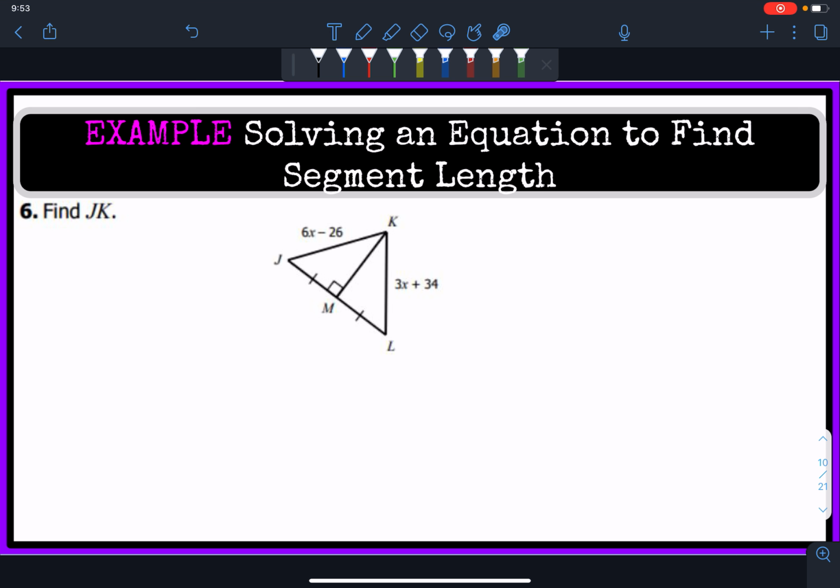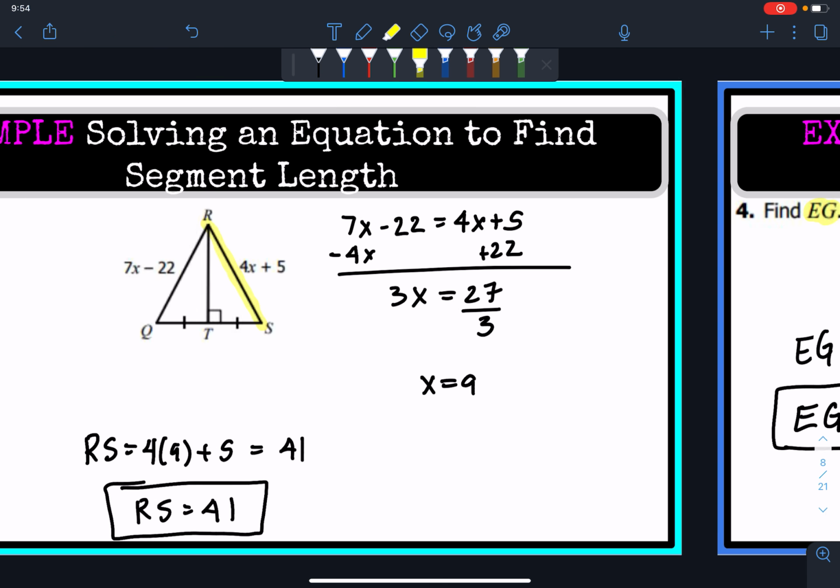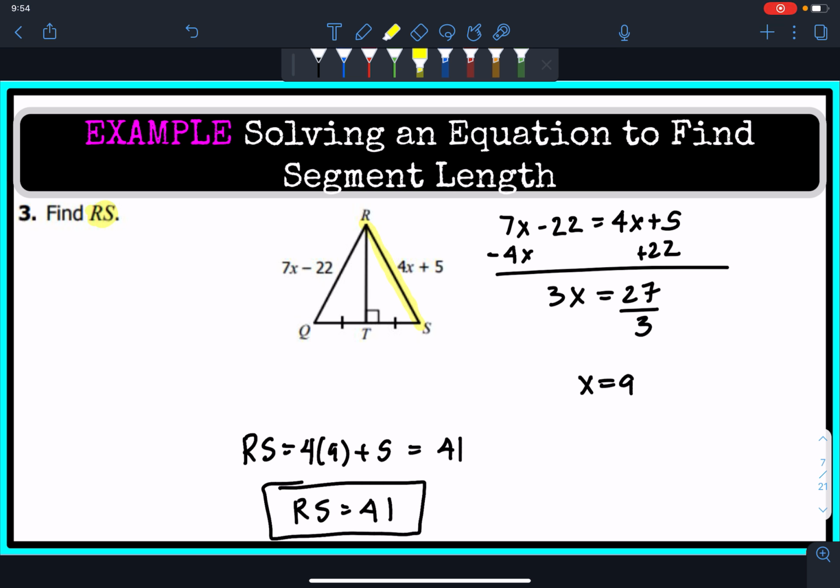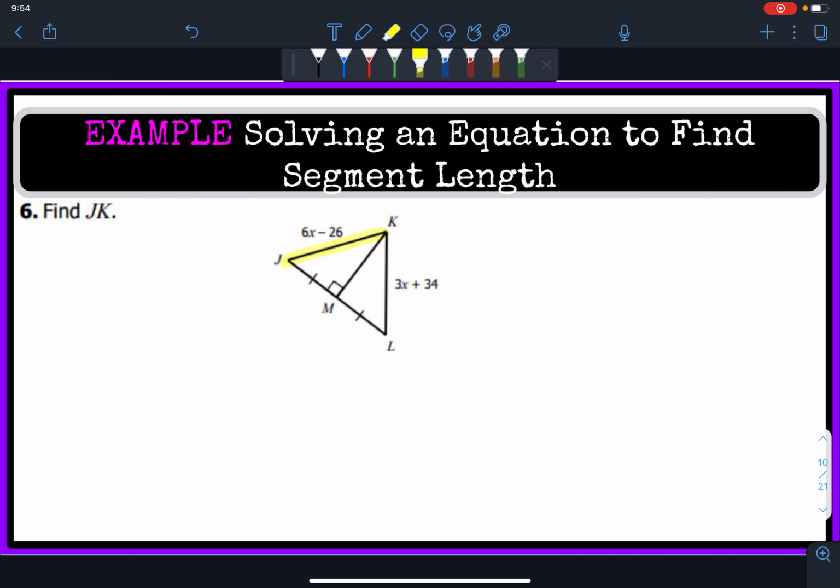So example number 6 is pretty much the exact same type of example as example number 3. When we're looking from R to S, here is just J to K. And just like before, these two sides are going to be congruent. So 6x minus 26 is going to equal 3x plus 34.